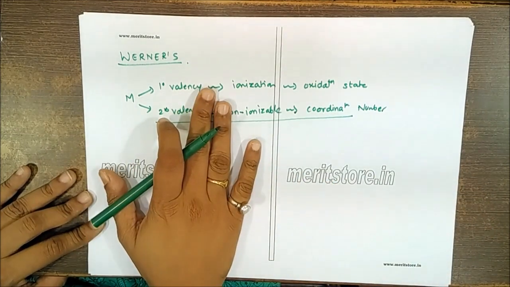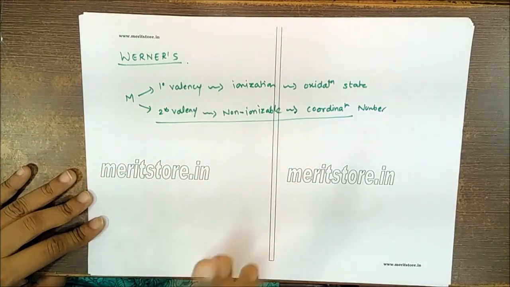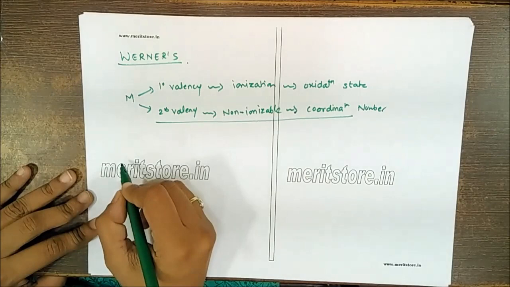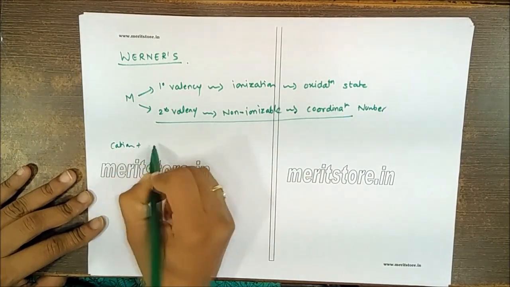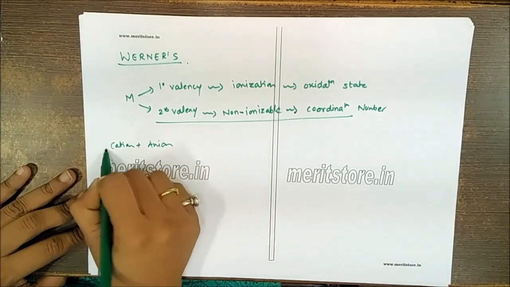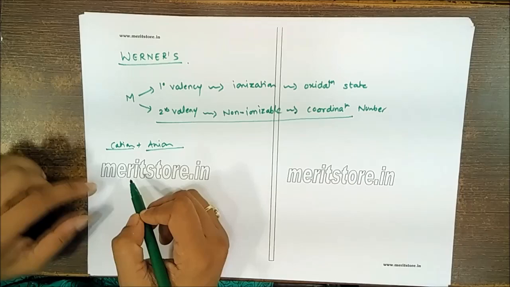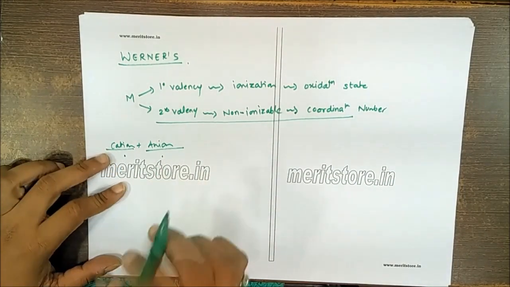Now, in the initial part, we'll be talking about the IUPAC nomenclature of the coordination compounds. The IUPAC nomenclature for a coordination compound is a combination of one cation and anion. So, whenever we talk about cation and anion, you have to first identify whether your complex is a cationic complex or an anionic complex.